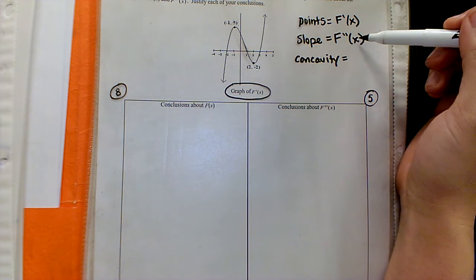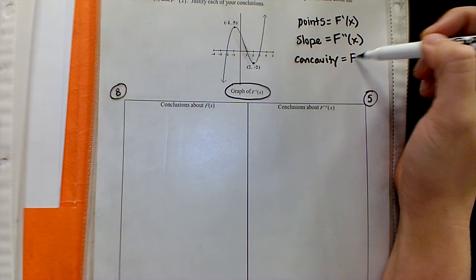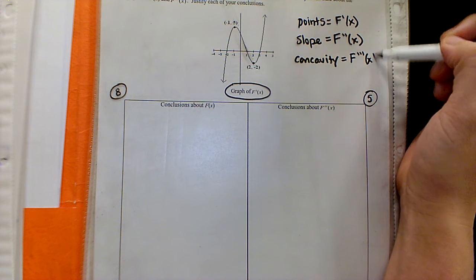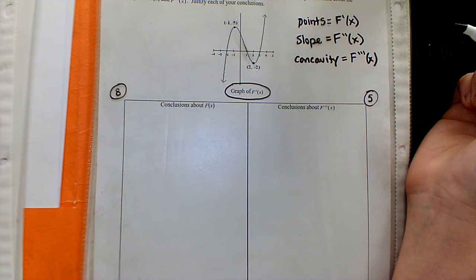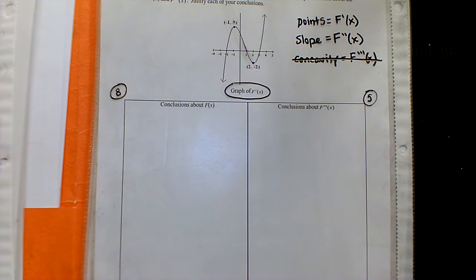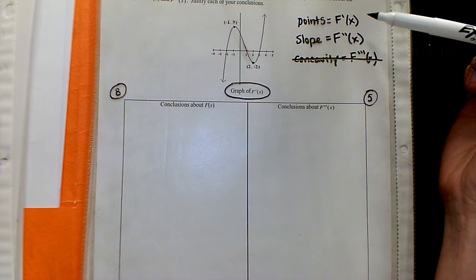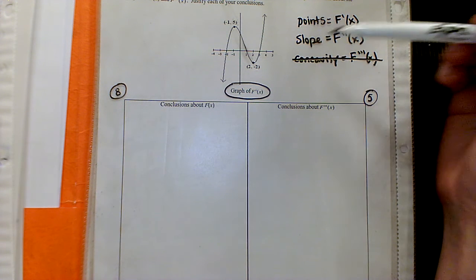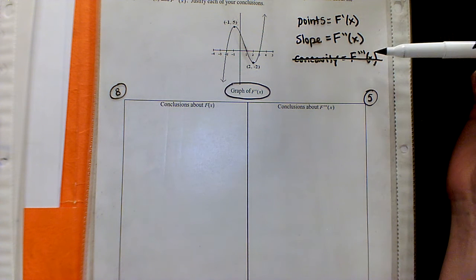Yes. If the second derivative is increasing or decreasing, that's telling us something about the third derivative. We are not going up to the third derivative, so we probably won't have to analyze the concavity of this graph. The points mean what the function is. The slope is the next derivative. The concavity is the next derivative after that.